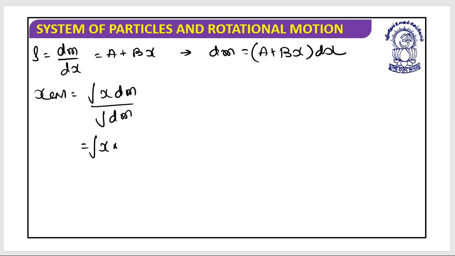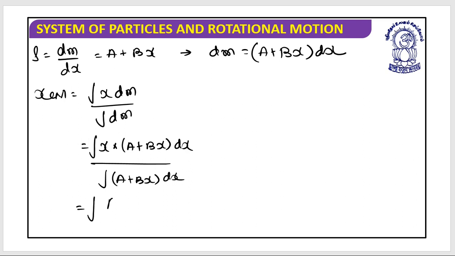This is equal to integration of x into dm. The dm can be written as (a plus bx) dx, divided by integration of dm, which is equal to (a plus bx) dx. This is equal to integration of (ax plus bx square) dx divided by integration of (a plus bx) dx.